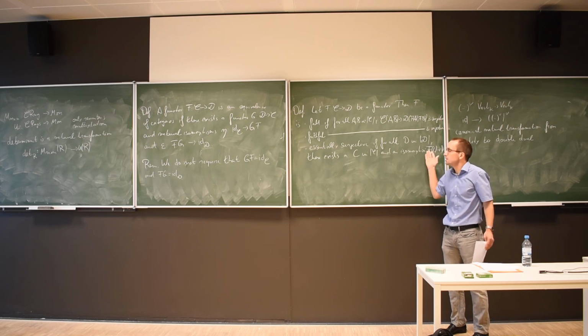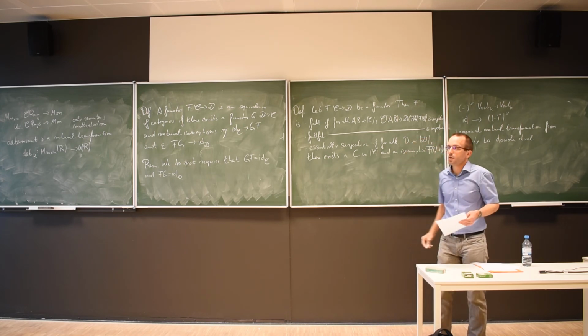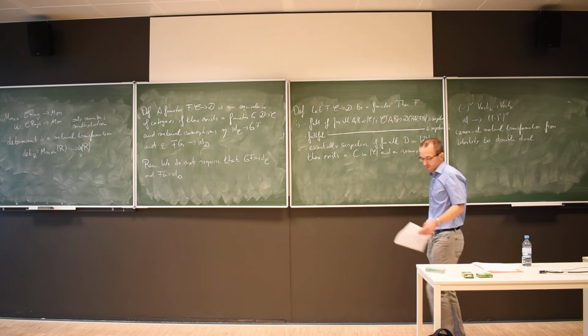So every object in D is isomorphic to some object in the image of the functor F, while these first two conditions were referring to what a functor does on morphisms.